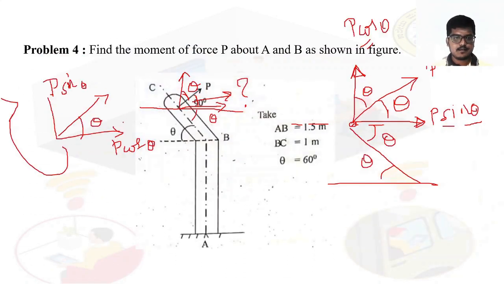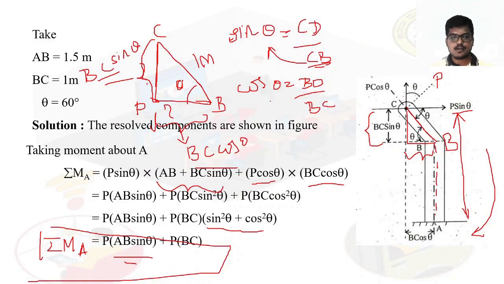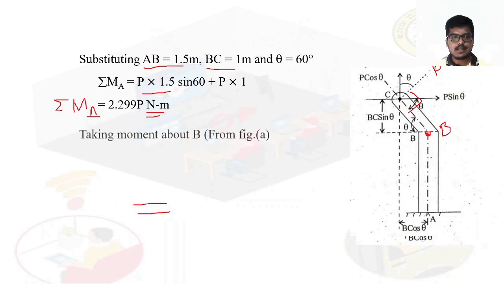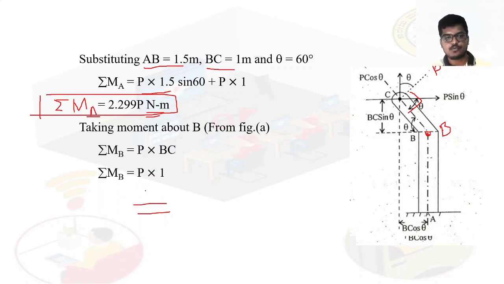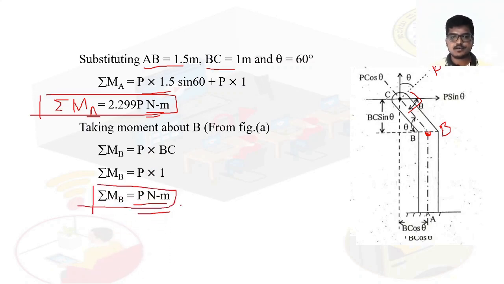Find the moment of P about A and B. We have seen the moment about A is 2.29 P Newton meter, and moment about B is P into 1, that is P Newton meter. They have asked to find moment about A and moment about B, and we found it. So this is how we solve the problem.